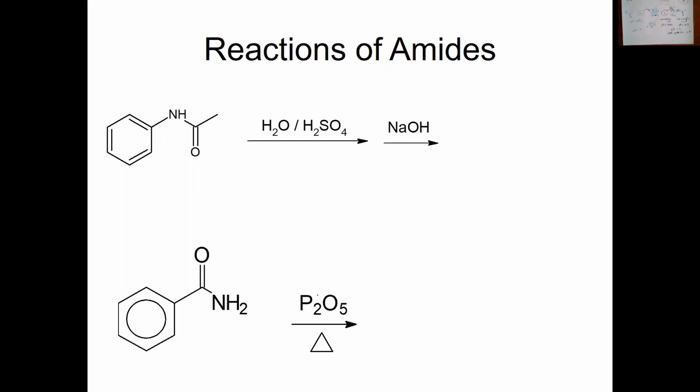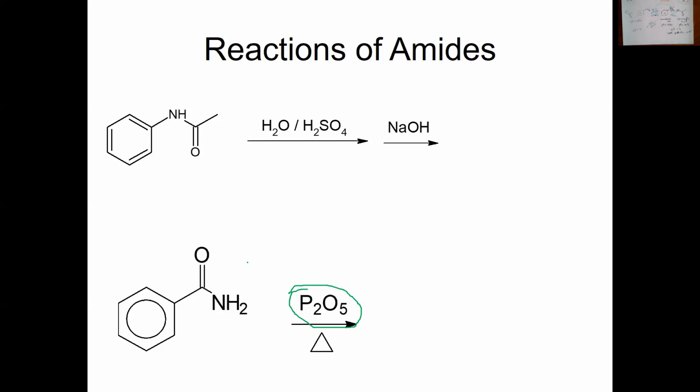Have you seen P2O5 recently? Have you seen it as a reagent ever before? We previously said it's a useful but not required reagent for fill in the blank. It's a dehydrating agent.